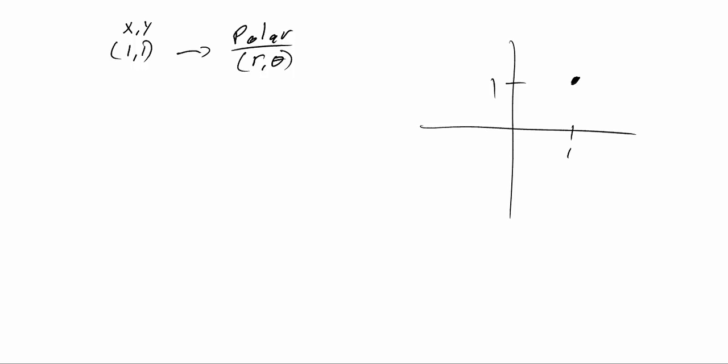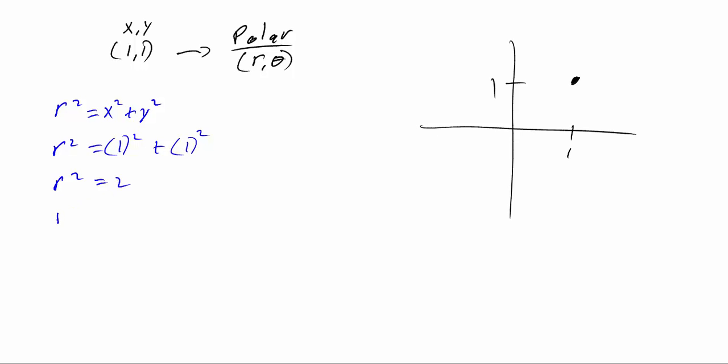So how can we find r? Well, we know that r squared is equal to x squared plus y squared. So if we substitute in, we would have r squared is equal to 1 squared plus 1 squared. So that means r squared is equal to 1 plus 1, which is 2.